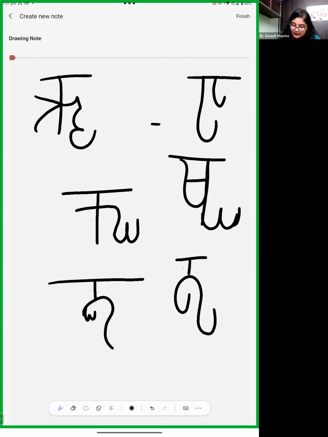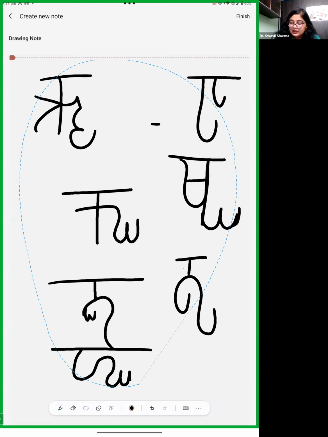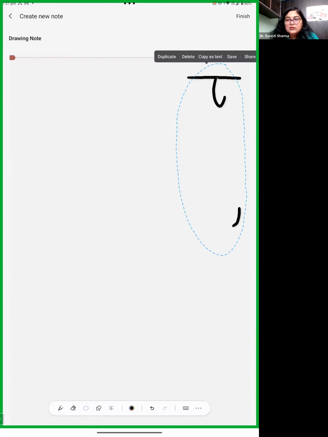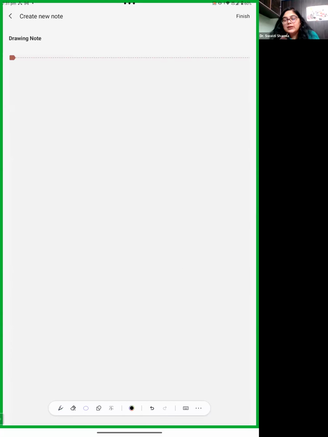And in the letter Ha, we will do like this. This is Dirgha Ri. Is it simple or not? This matra is simple or not? Tell me. This is simpler than Devanagari.